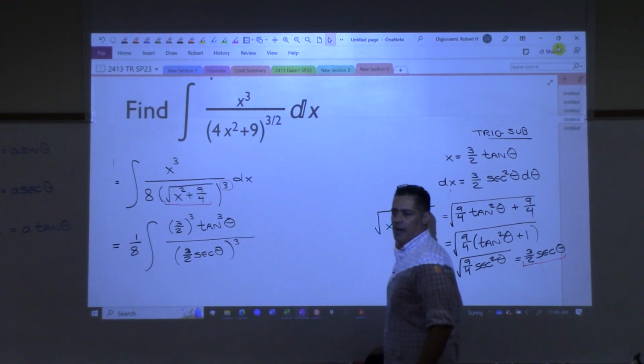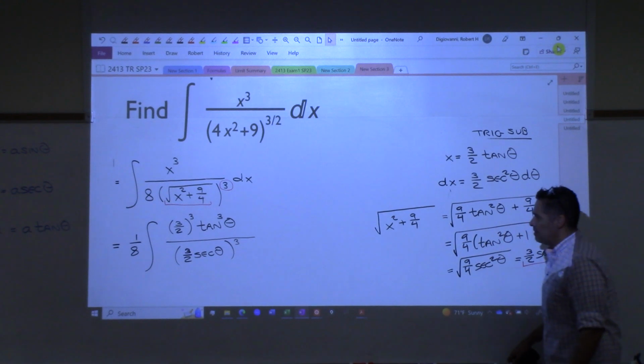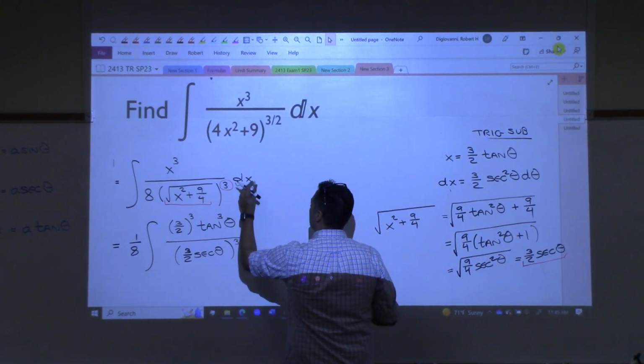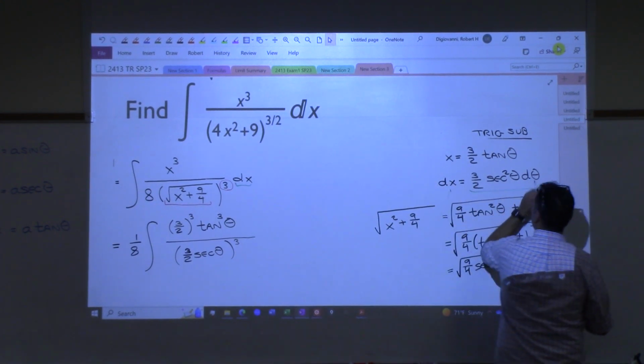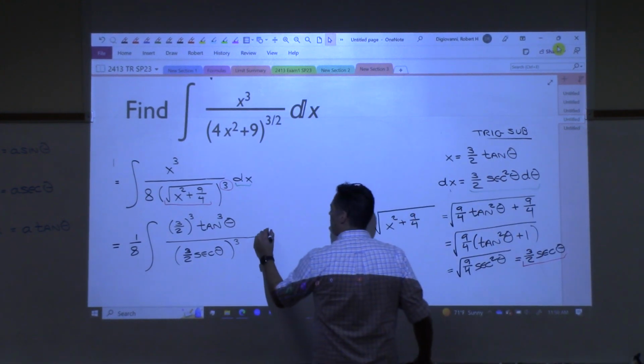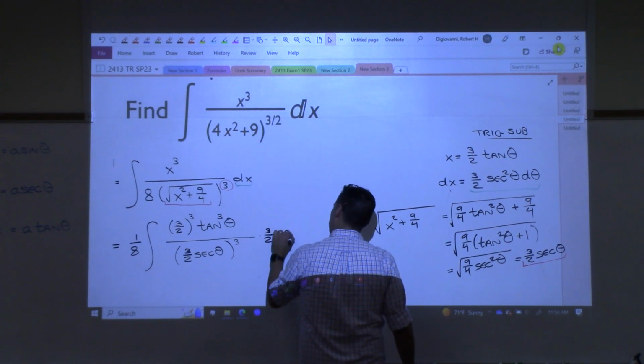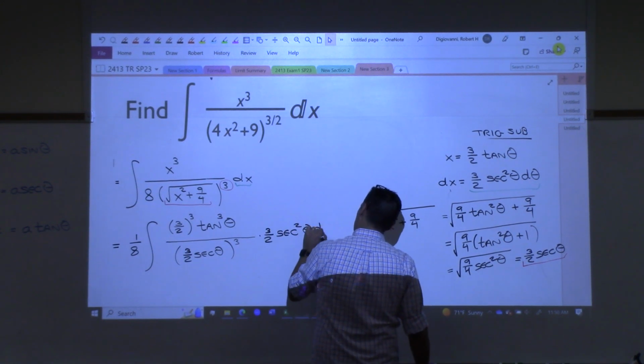I'll do that on the next step. Am I done? dx, right? What's dx? Well, this, right? So I have a 3/2 secant squared theta d theta.